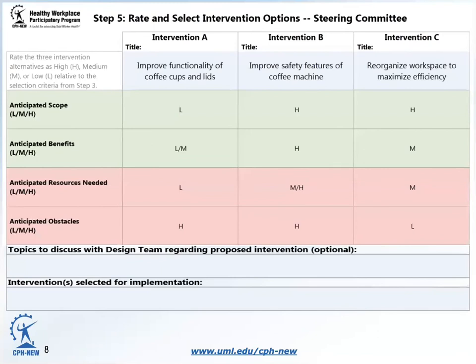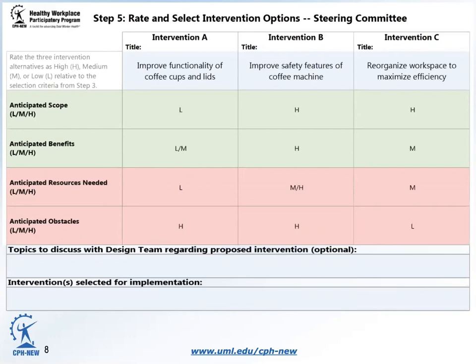A rating of high indicates the intervention meets or exceeds the stated selection criteria. A rating of medium indicates the intervention only partially meets the selection criteria. A rating of low indicates the intervention fails to meet or barely meets the selection criteria. The ratings are applied for each selection criteria to evaluate all intervention packages.